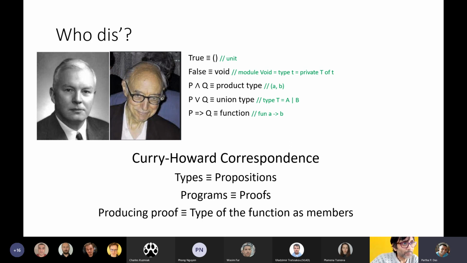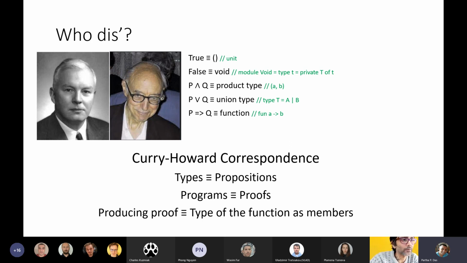True is the unit type, right? For folks that are aware, I don't think C# has a unit type, but FP, all the functional programming languages have a unit type. False is a void type, right? This is how you write it. Void type is essentially a type that has nothing, no elements in it, right? In C# you can't do that. A product type, which is a tuple or a record or something, is the same as the logical AND, right?